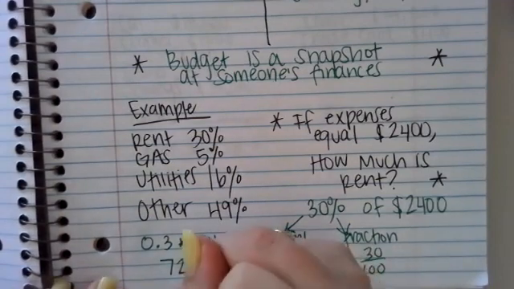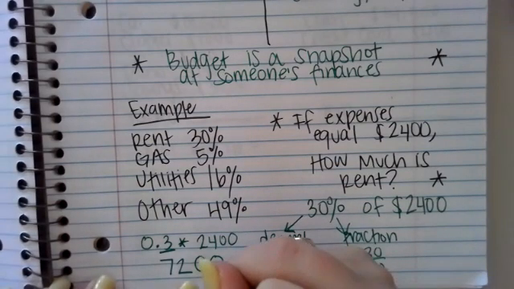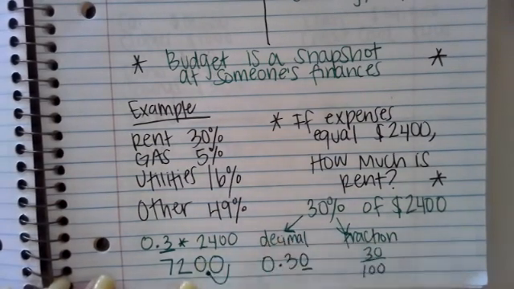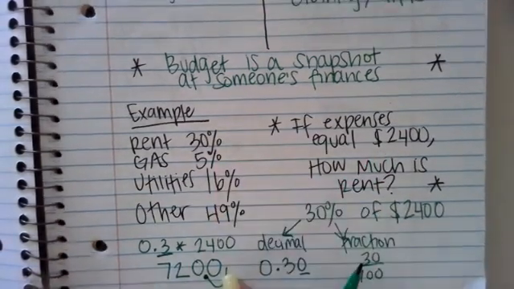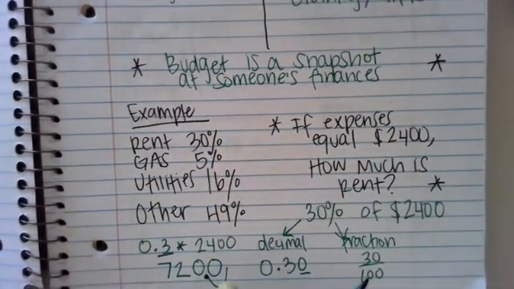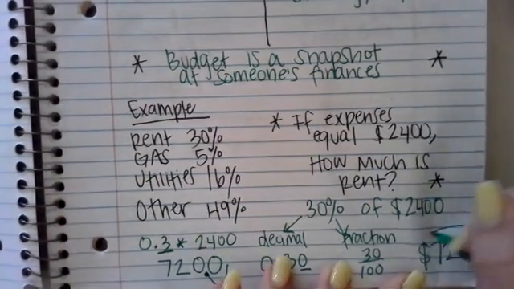But then I have these 2 zeros that I need to tack on. But then I have 1 decimal place, so I'm going to move my decimal place once. So 30% of 2,400 is equal to 72.0, which is just $720.